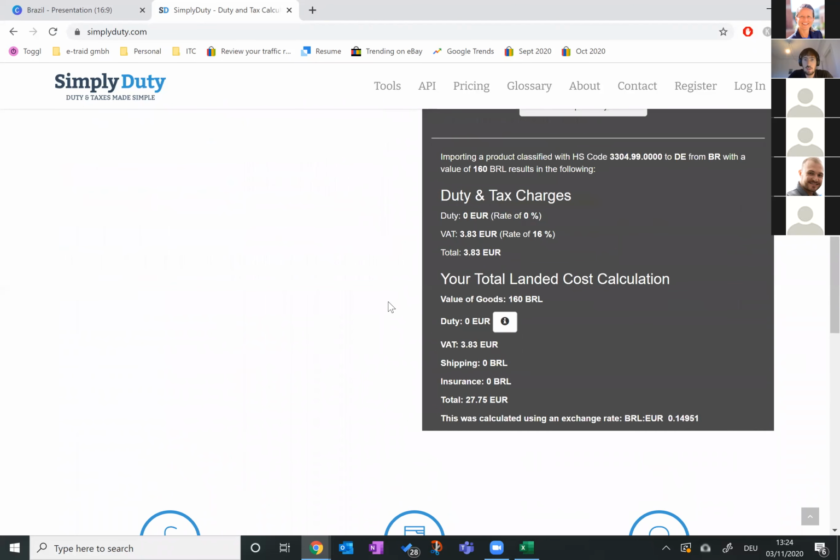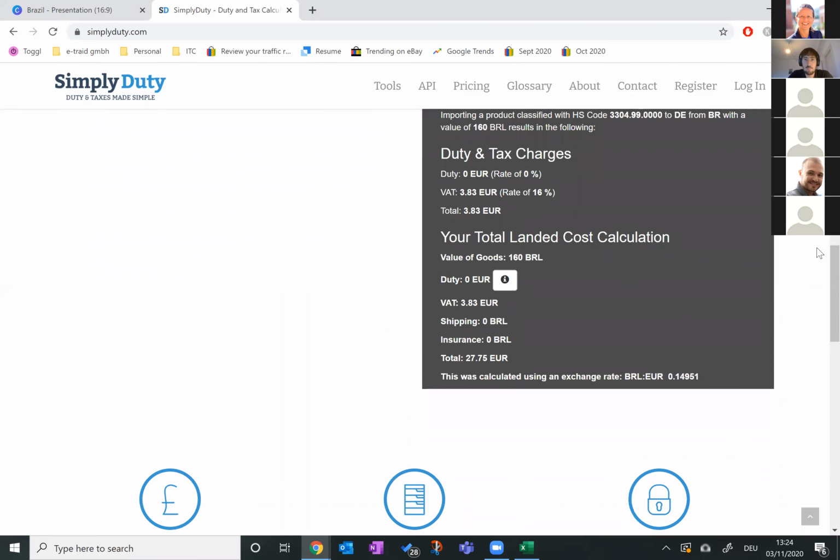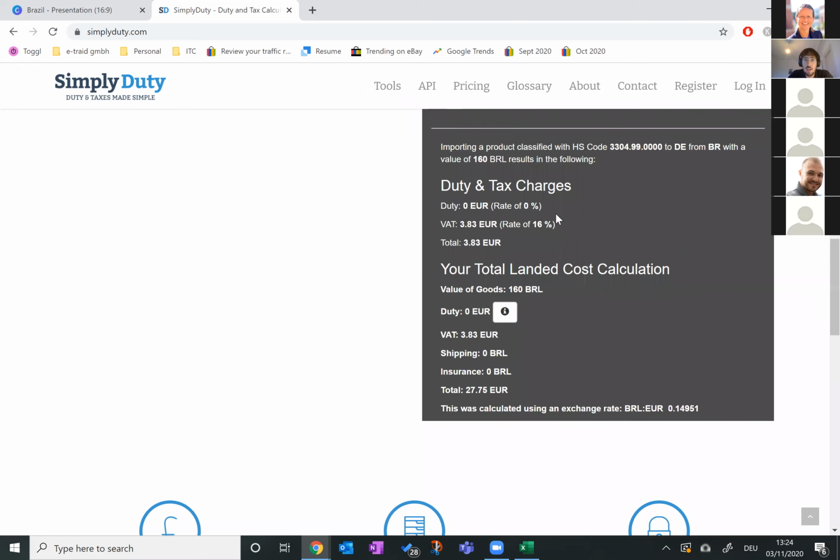Okay, so it's telling me that I'm going to have 0% duties, but I'm going to have a value-added tax of 16%, which corresponds to €3.83, and so that's going to be my total fee.